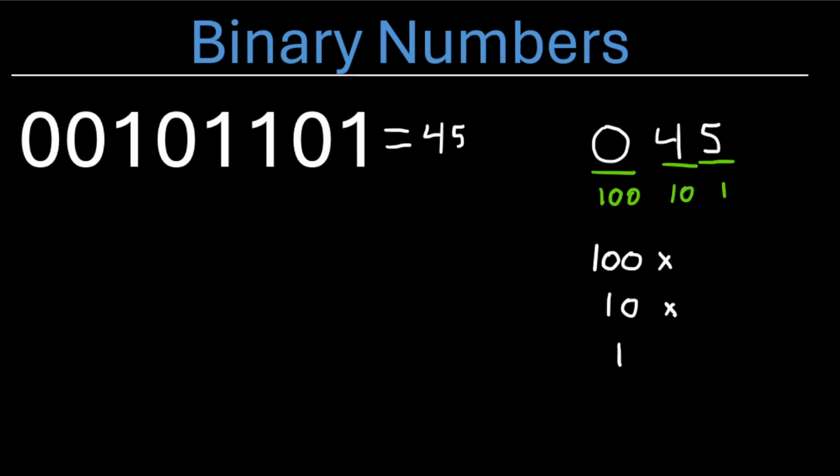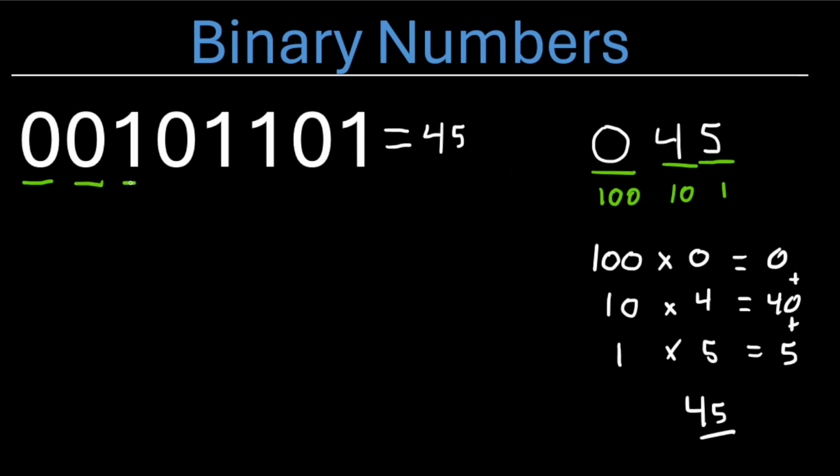If we take the place value and multiply it by the value in that place, 0, 4, and 5, take those products and sum them all up, you'll see that we get 45, verifying that this number is in fact 45.